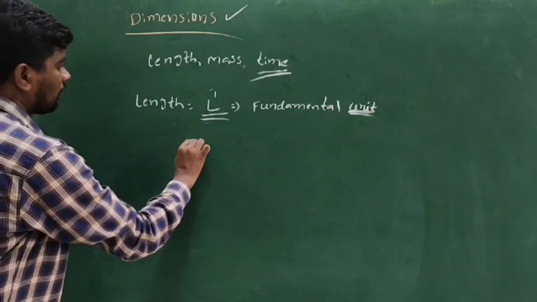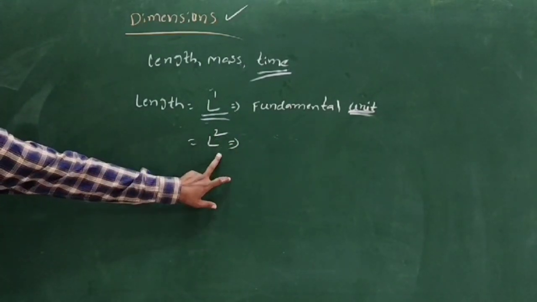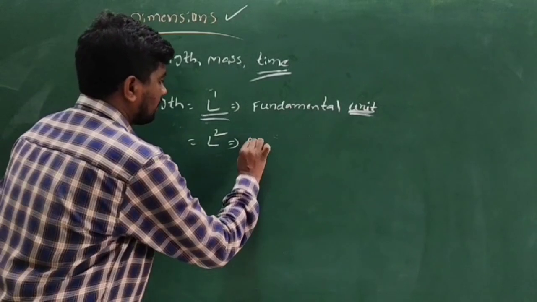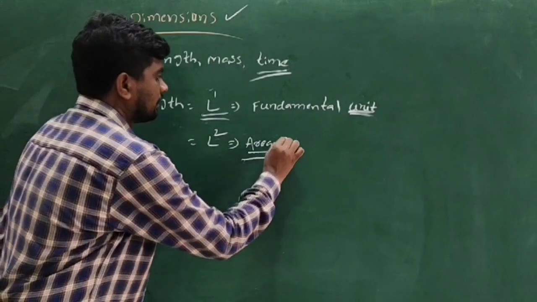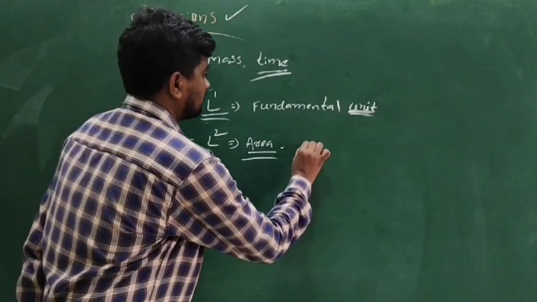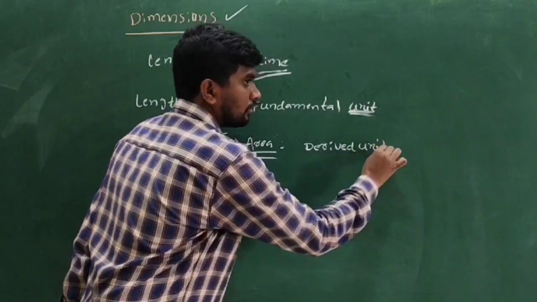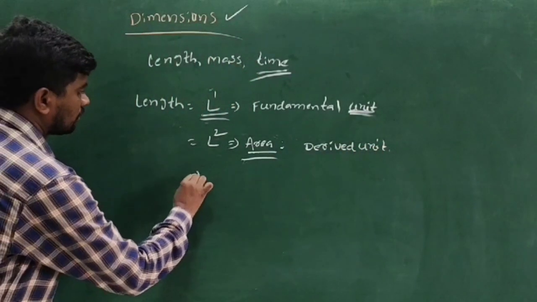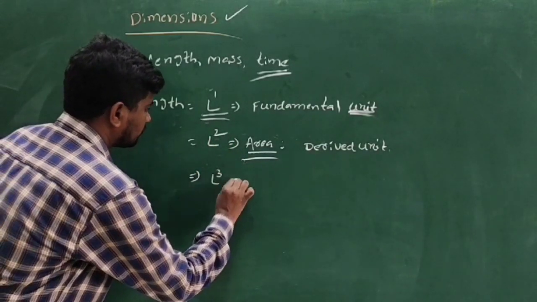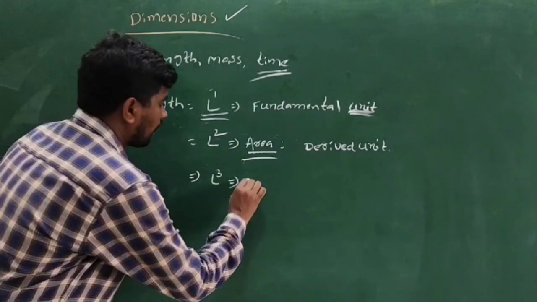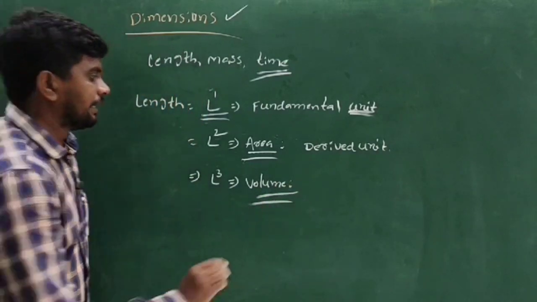Second, the power of L is raised to L square, which represents area, a derived unit. Next, L is raised to L cube, which represents volume. Volume is a derived unit.